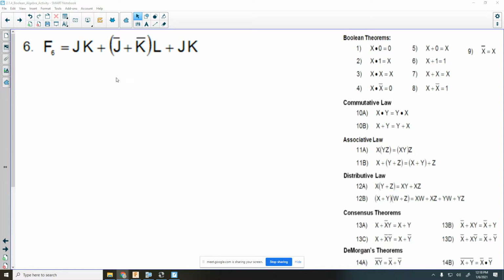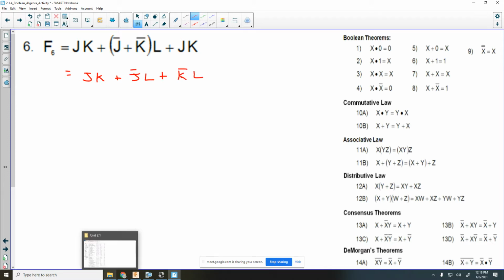So obviously, starting out here, first step, JK or J naught L or K naught L, that's pretty simple that we can distribute. And what distributing is rule number 12.